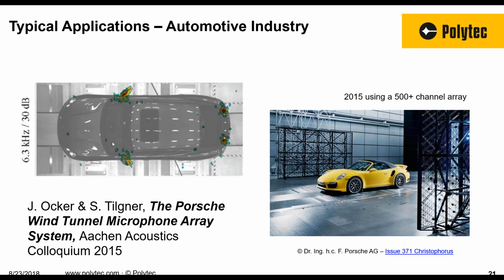This is pretty impressive, the sound sources they're able to see. They've taped a piece of tape essentially on one of the mirrors, and they were able to pick that out in a wind tunnel, which is quite amazing, and that's due to the sampling rate of the system.